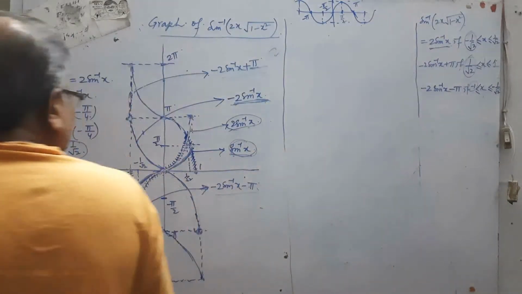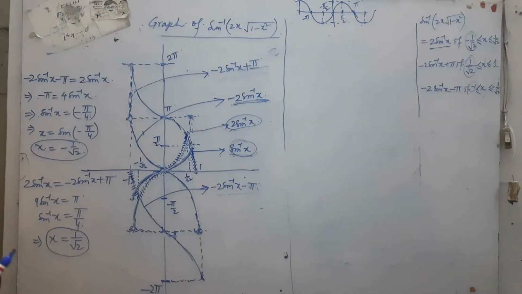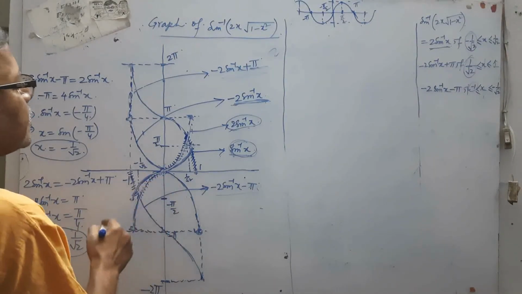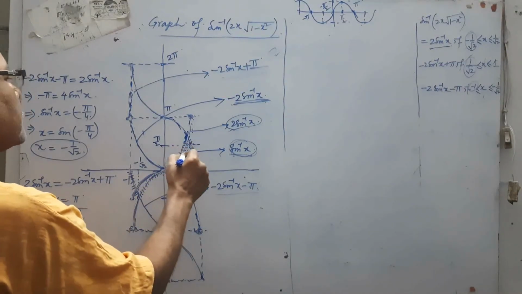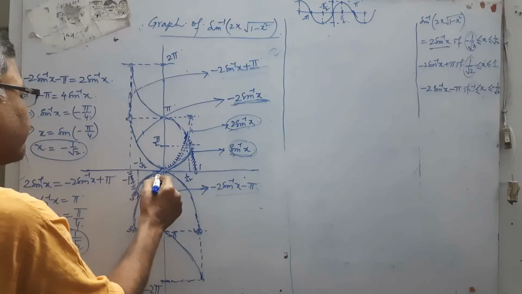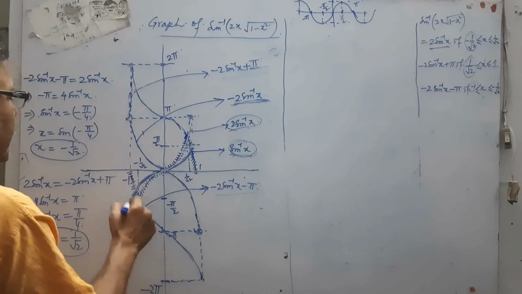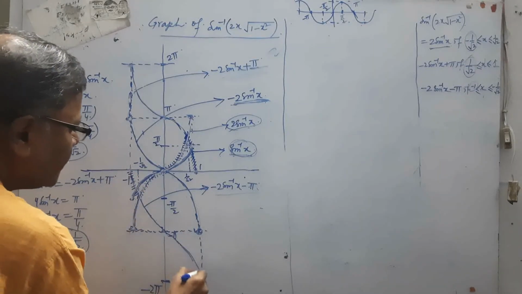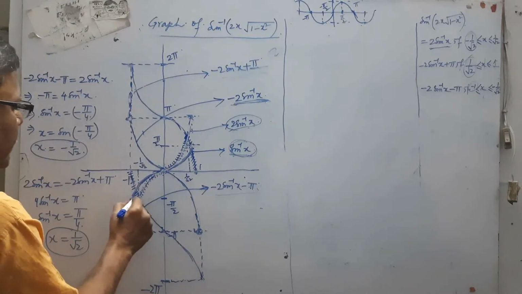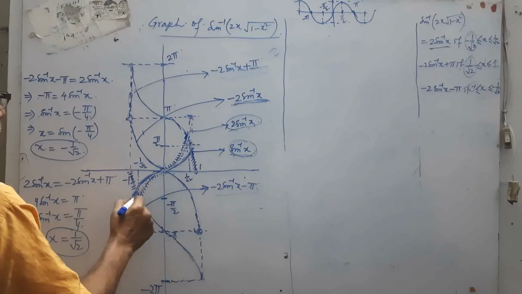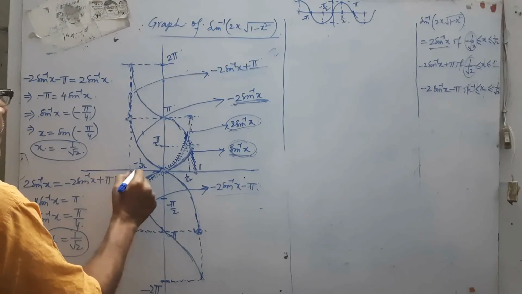Okay, now coming to, you can see this was your 2 sin inverse x. This one is minus 2 sin inverse x minus pi. So these two are intersecting over here at this point. So how to get this point on the x-axis?